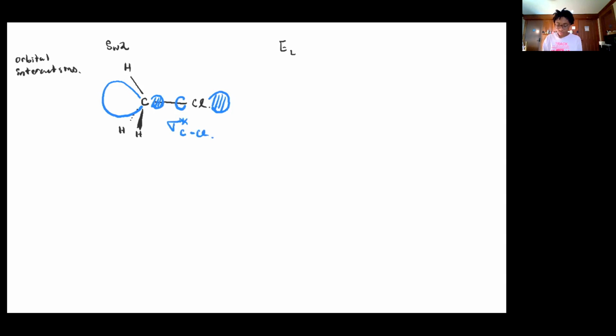And that is polarized towards carbon. And speaking very colloquially here, most of it is behind carbon. So a large lobe behind carbon, okay?